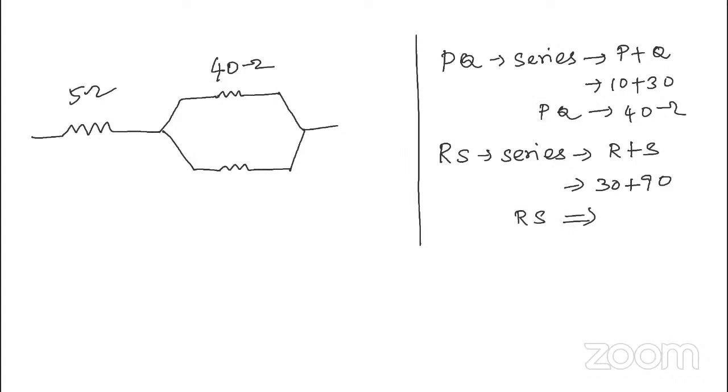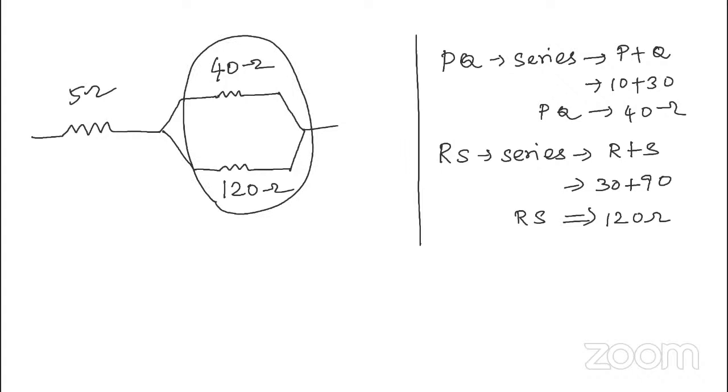Right, it is 120. Very good. So now we have substituted the values of these two resistances here, that is 120 ohms. Okay, right? So this 4 ohms we have converted into 2 ohms.